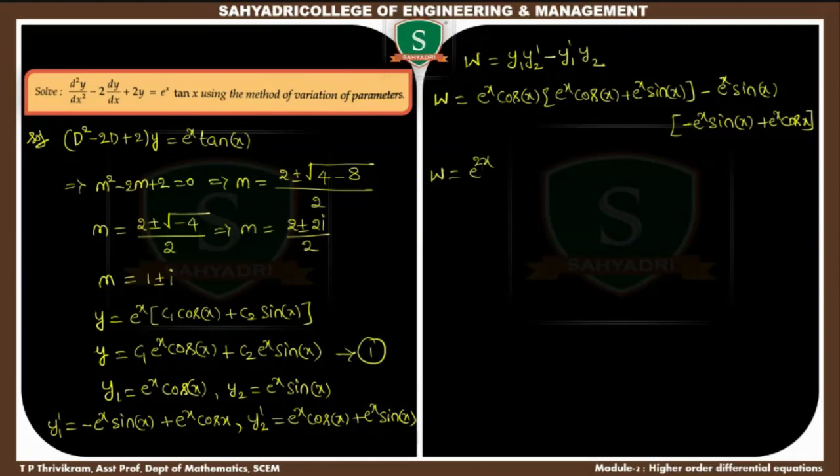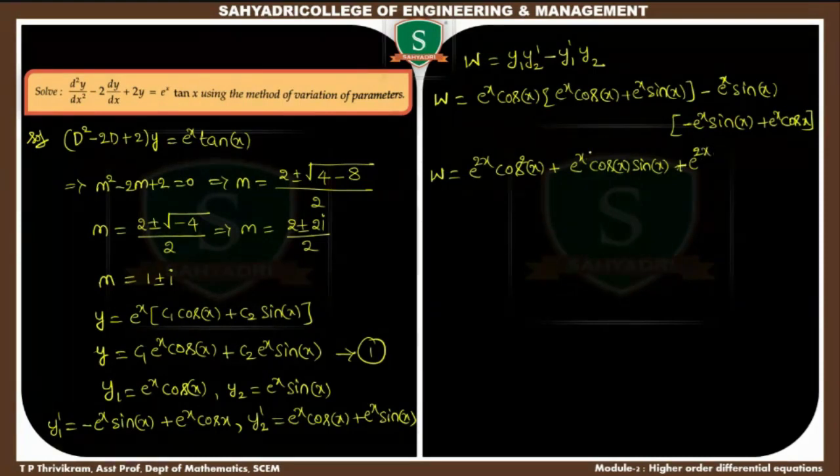So e power 2x into cos square x plus e power 2x cos x sin x, minus of minus we will get plus e power 2x sin square x, minus e power 2x cos x sin x.